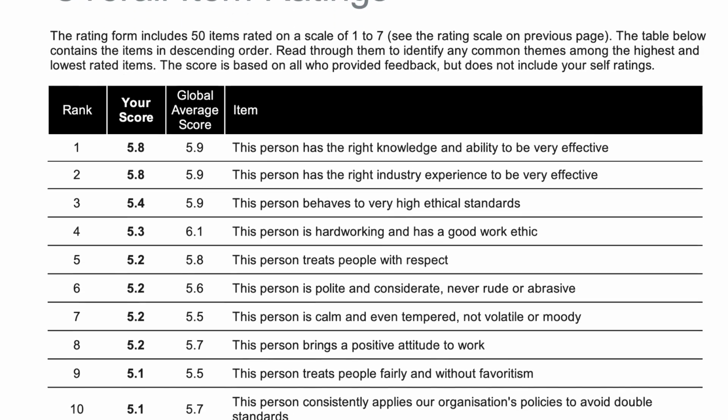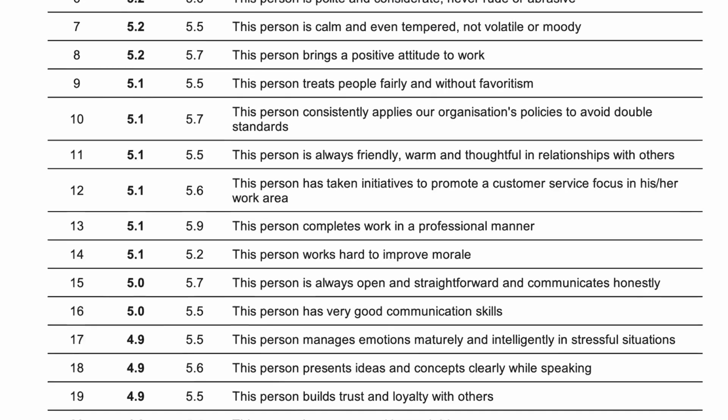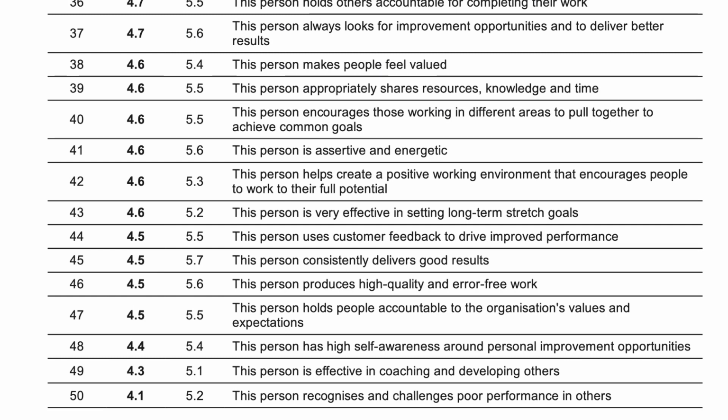On page 4, I always draw a line across the top 10, and then I go through with a pen and mark whether the individual is above or below that global benchmark score. As you would expect for Lee, he is below that on the majority of those 10 items. I then look at the bottom 10. The bottom 10 become quite important because you do get to see some clusters.